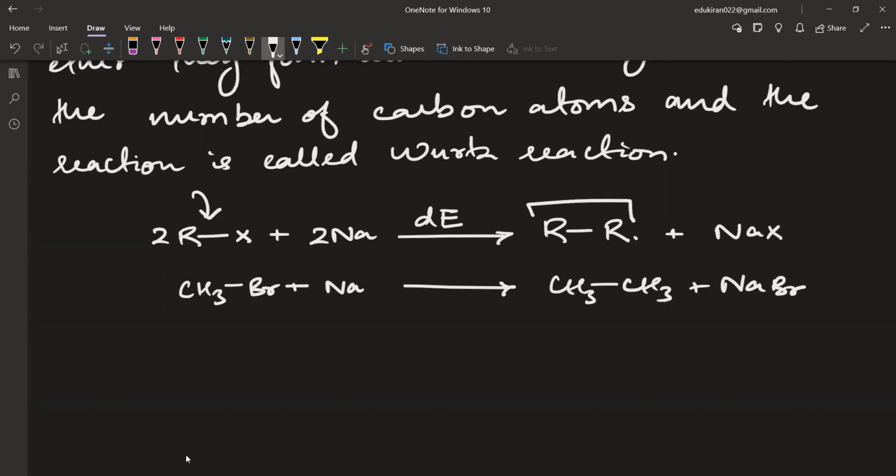So please remember, we will be getting a product that has double the number of carbon atoms in Wurtz reaction with sodium and dry ether. So this will be 2CH3. If they ask you what will be the product if you react methyl bromide with sodium and dry ether, then you will write it will be ethane.